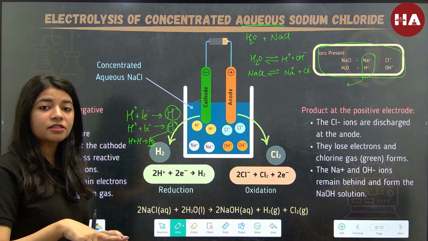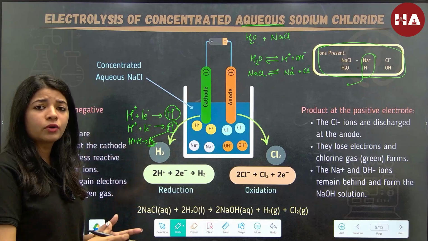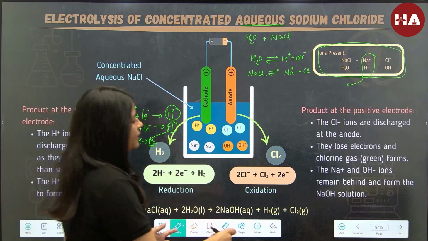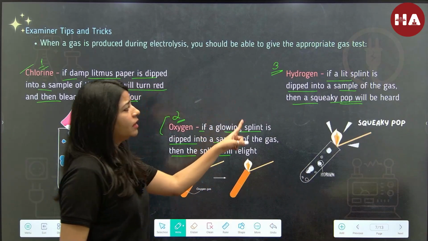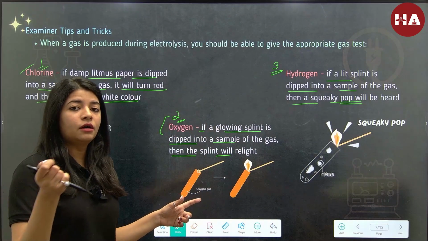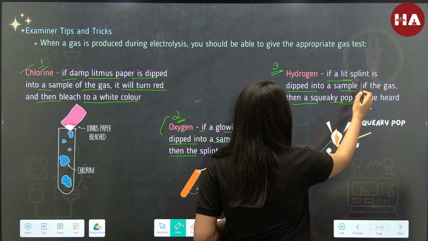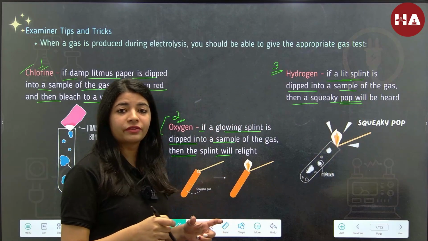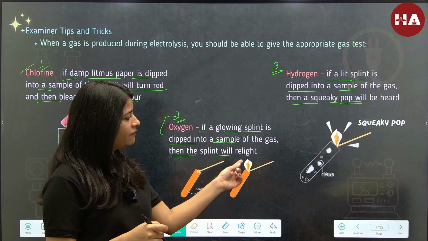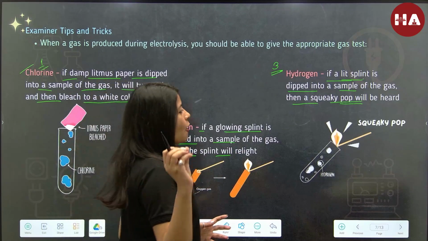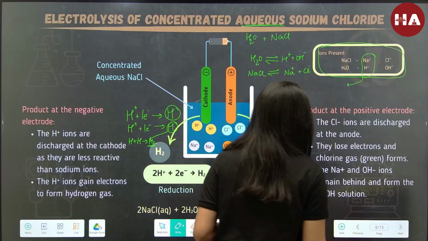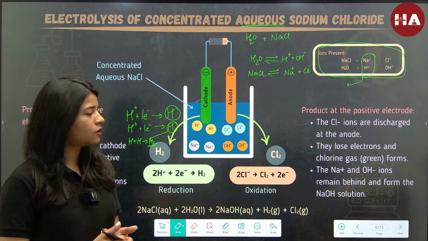And what was the test for H2? How will we know that H2 gas is present? As we have already discussed, we bring a lit splint near the mouth of the test tube in which hydrogen gas is present, and we can hear a squeaky pop sound. That's when we know that it is hydrogen gas.